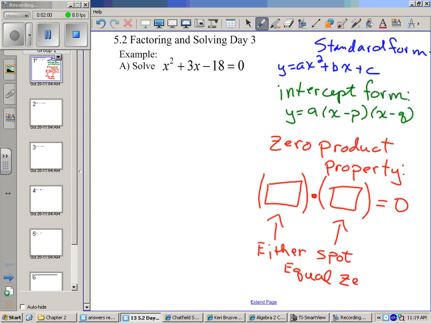That means I'm going to set them both equal to 0 and solve. Let's see how this works.